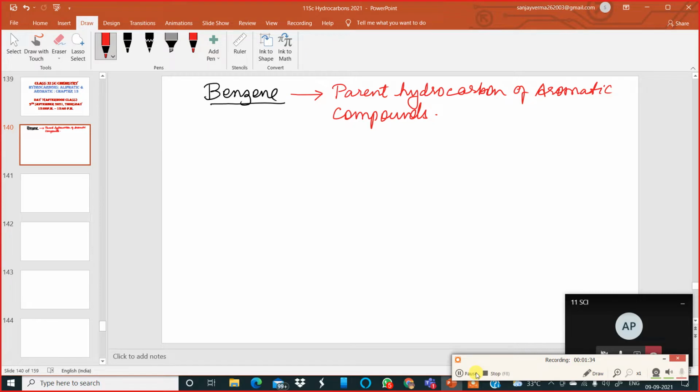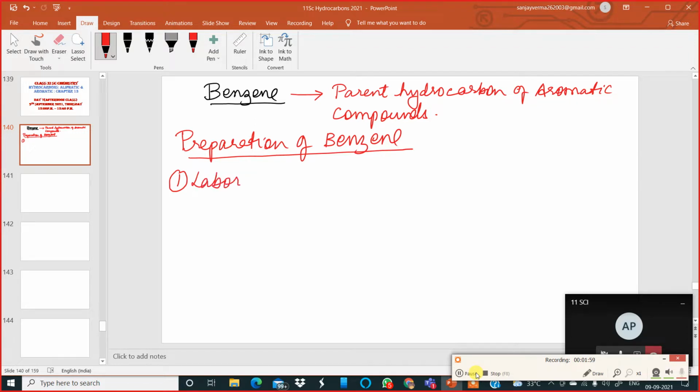So, for the preparation of benzene, the first method, I'll write it down as laboratory method.